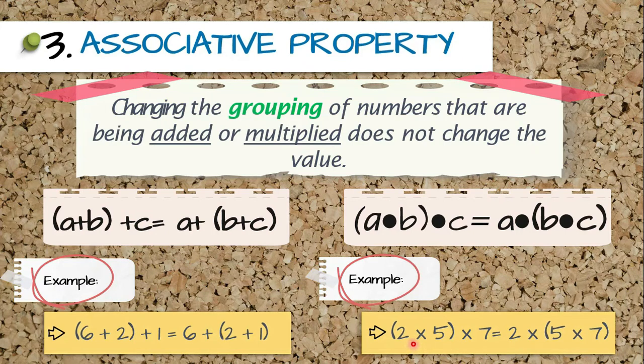So, if we're going to multiply 2 and 5, that is 10 times 7, which is equal to 70. Is it equal to this one? So, let's multiply first 5 and 7. So, we have 35. And then multiply it by 2, we have 70. So, they are just equal. And that is associative property.